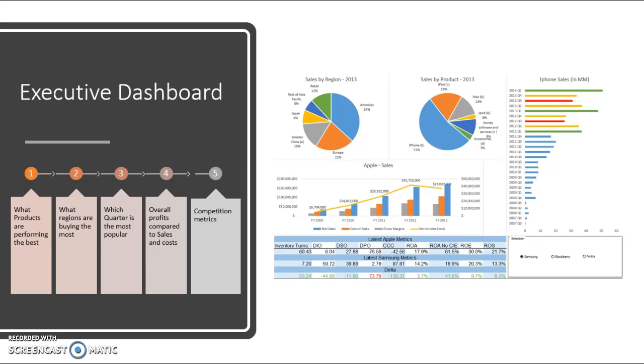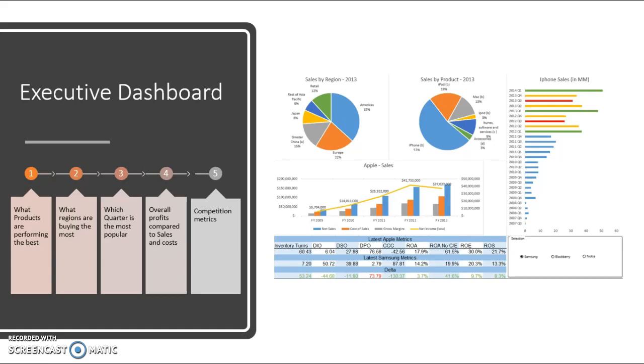Next is sales by product in 2018. This shows a huge percentage for iPhone sales, that being Apple's biggest product right now. This would be a good view for the CEO, just to understand where his market lies, or maybe even where to start focusing new developments to push iPad sales, to push Mac sales, or even just completely discontinue some products as they're not selling as great as others.